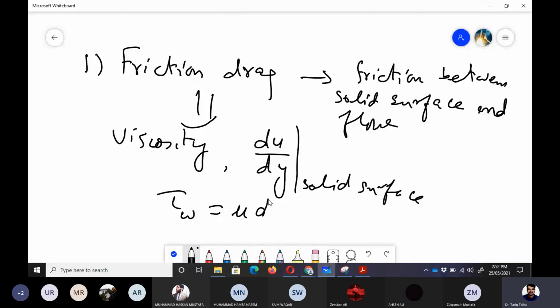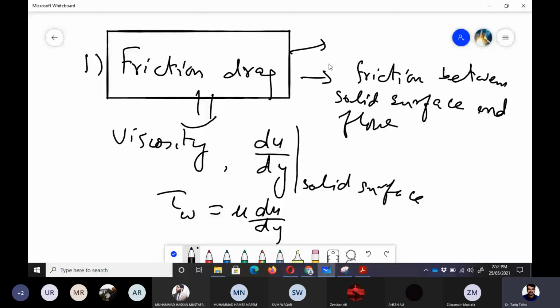So this is one component, which is friction drag, and it is significant when we have streamlined bodies. What are the examples of streamlined bodies? A flat plate placed parallel to the flow, or the aerofoil.